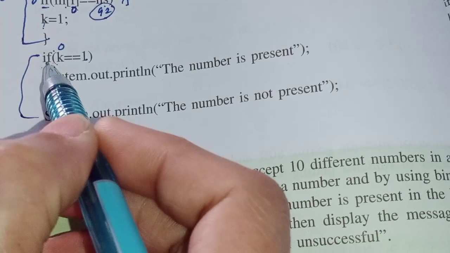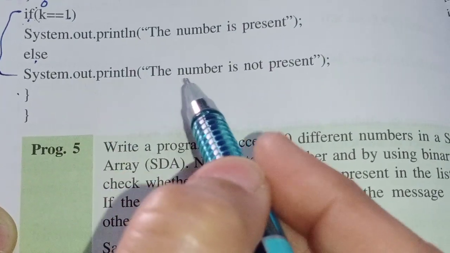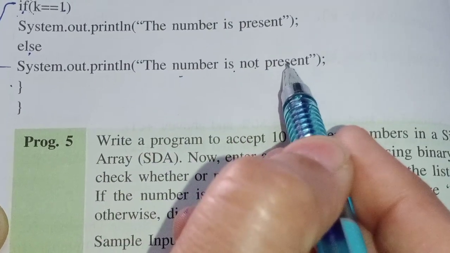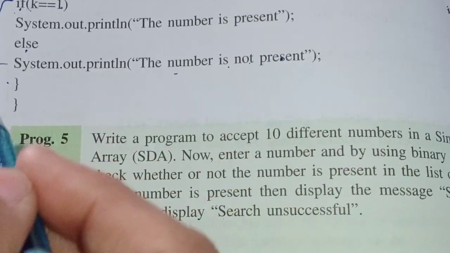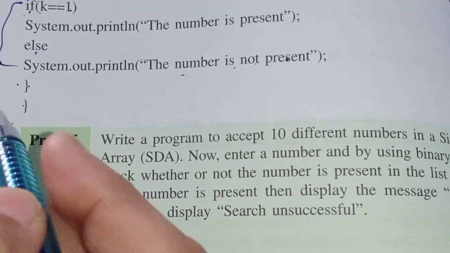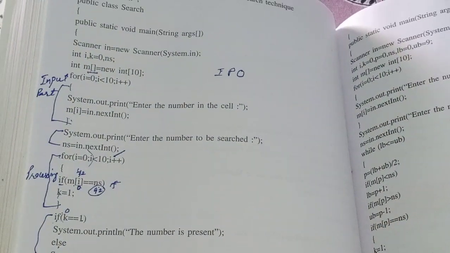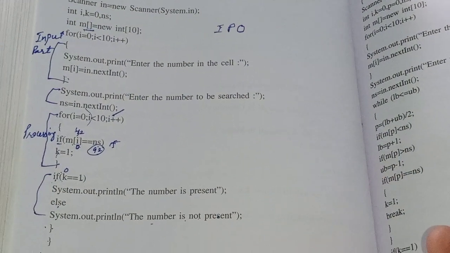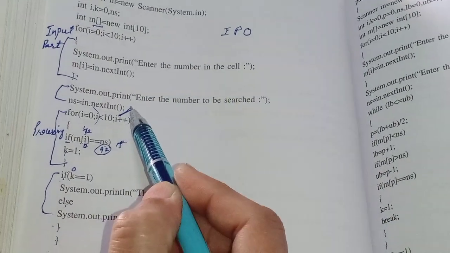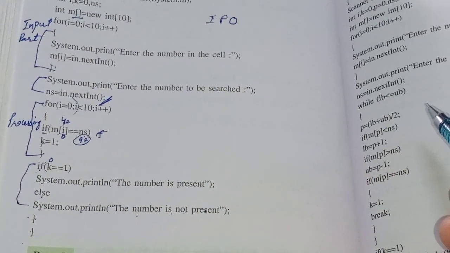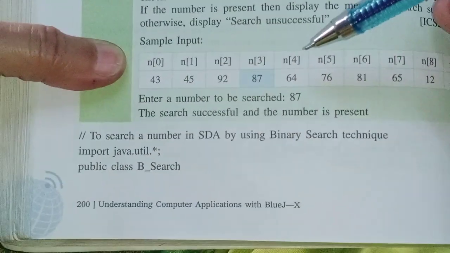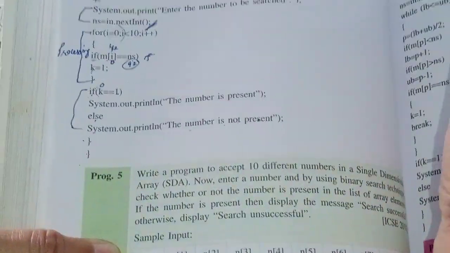Not matching, condition false, then the else part will work and the number is not present. This will be printed in the last, and in the last close 2 curly brackets. So in both programs, linear search and binary search, up to this part you can see on the next page, one program is given with the binary search technique.